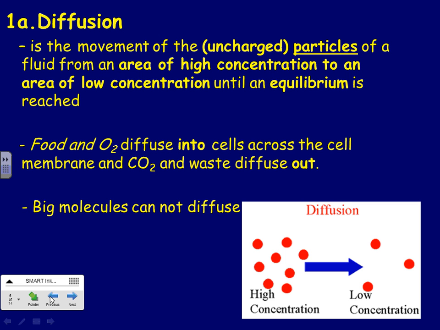And this is going to represent low concentration. And this is going to represent high concentration. Just like the tea inside the tea bag and the less tea outside of the tea bag.